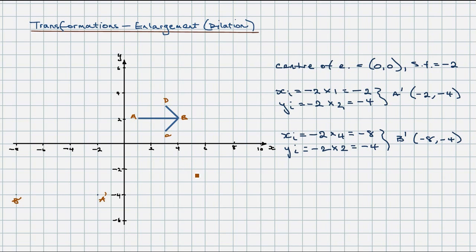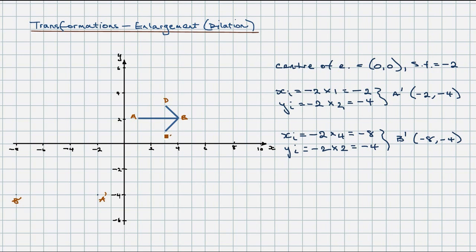I'm going to use a different method now for C and D, and this time we'll use the vector method then. So let's draw a vector, but this time multiply by minus 2. So what's going to happen to the vector if I multiply by minus 2? Well, the vector from the centre of enlargement is 3 to the right and 1 up.